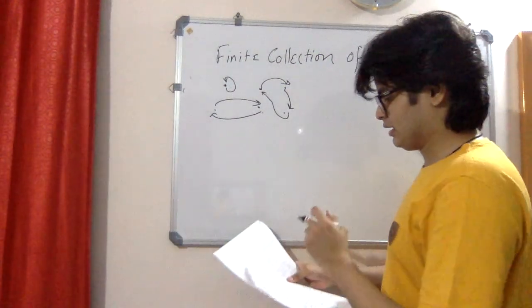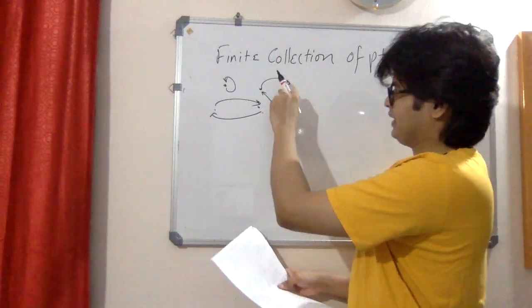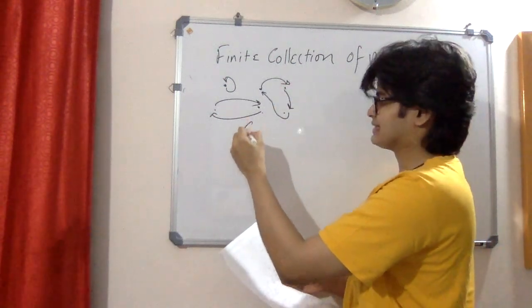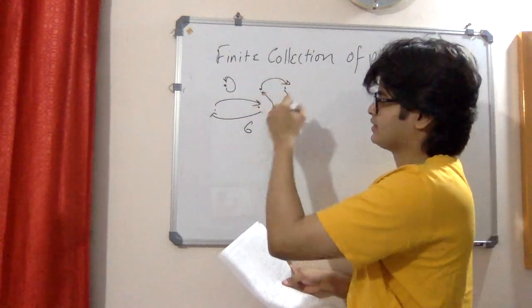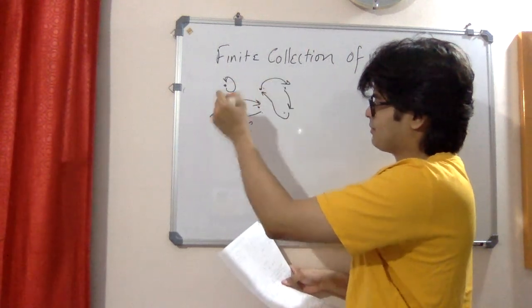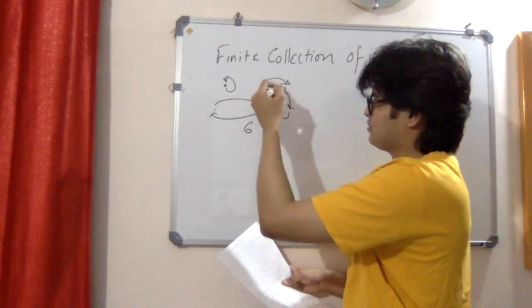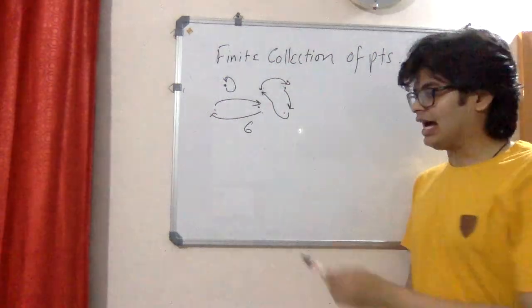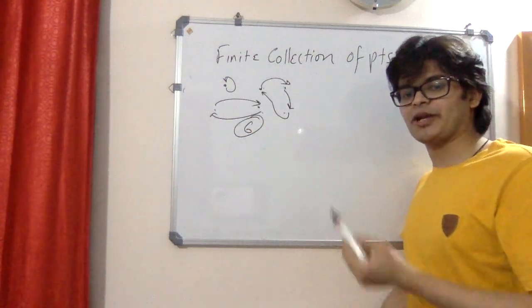Now, for the first point, I have 6 options to pair it with. It can go to this, it can go to this, it can go to this, it can map to this, or to itself. So the first point will have 6 options to get mapped to.